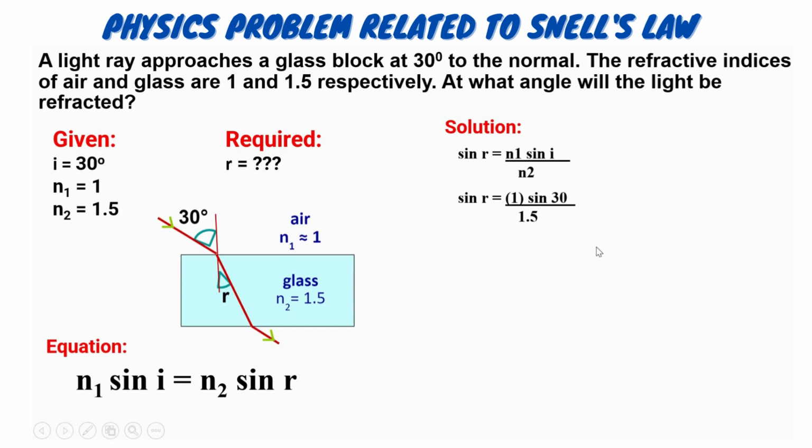So our next step is to use our calculator and perform the operation. 1 times sine 30 divided by 1.5 will result to 0.3333, and the next step is to get the inverse sine of 0.3333.